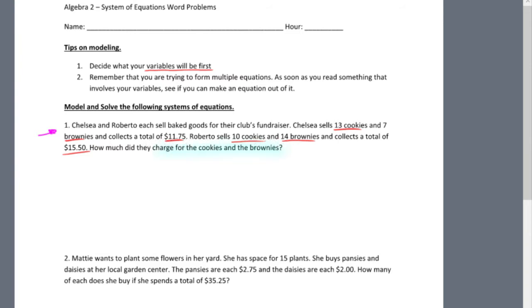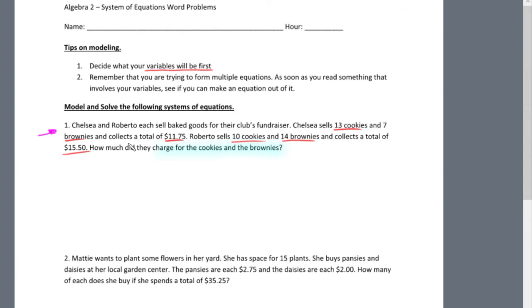So you need to tell me the cost of the cookie and the cost of the brownie. That's the whole goal. And to do that, you use these two pieces of information: Chelsea sold these cookies and these brownies for this money, and Roberto sold these cookies and these brownies for this money. Then you have to figure out how much they charged for each of them.